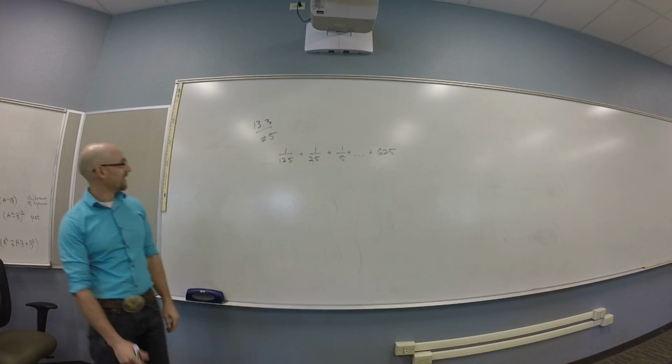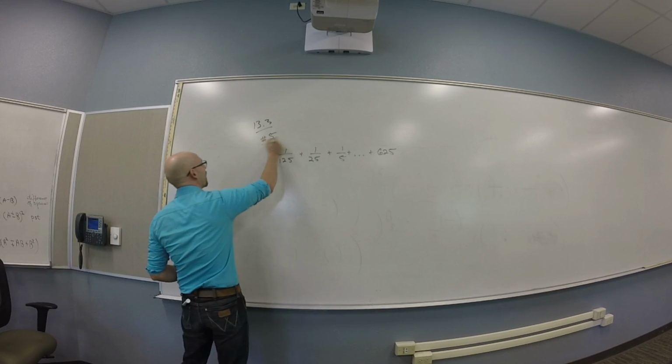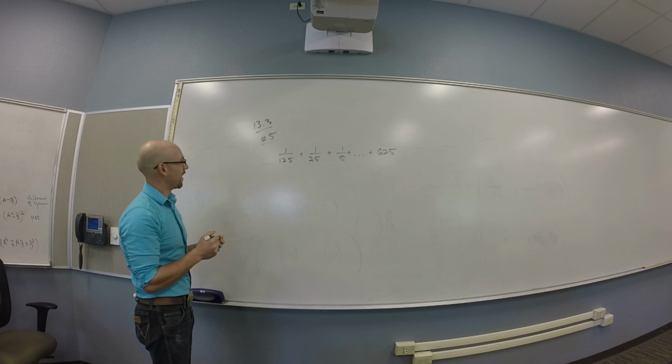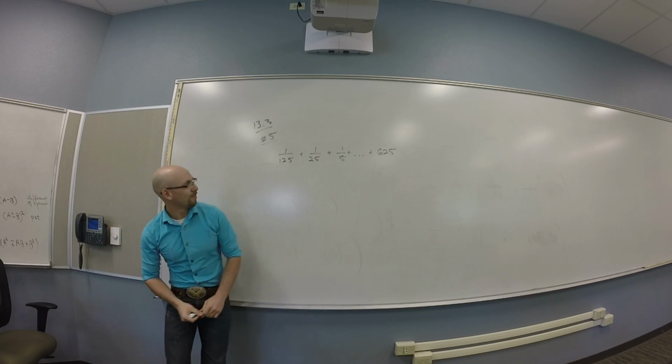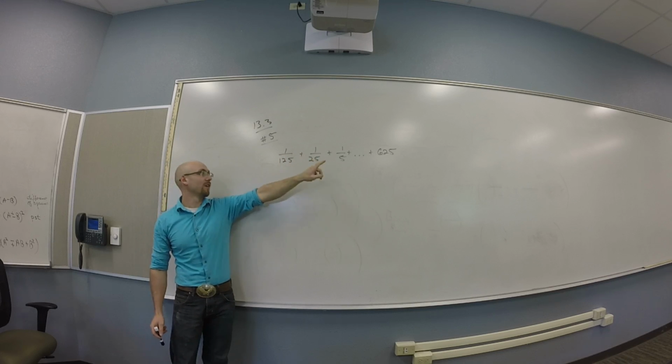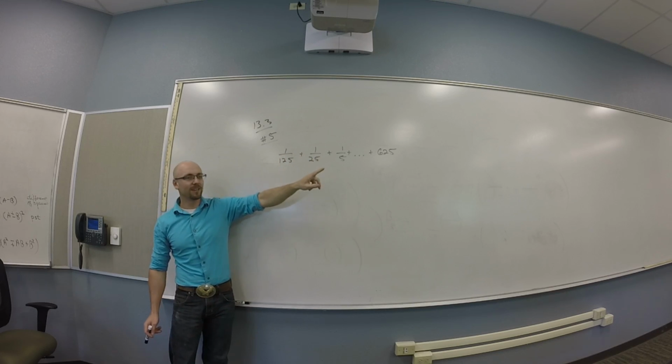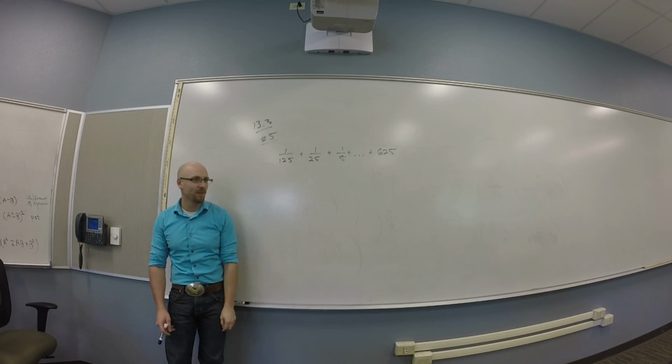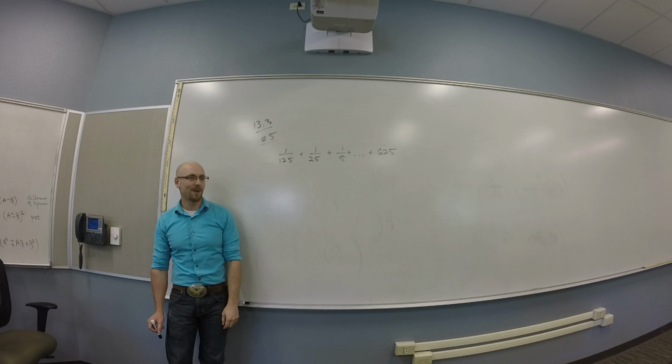Okay, so let's try 13.3 number 5, for which I have 1 over 125 plus 1 over 25 plus 1 over 5, and so forth, continuing in this pattern until I get to 625. What is the pattern?